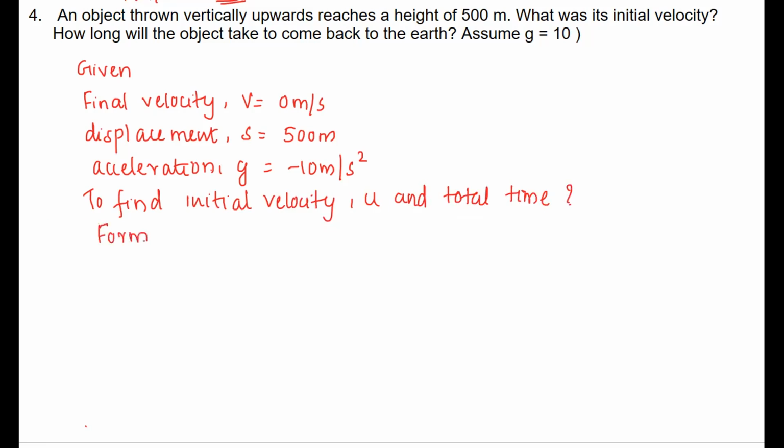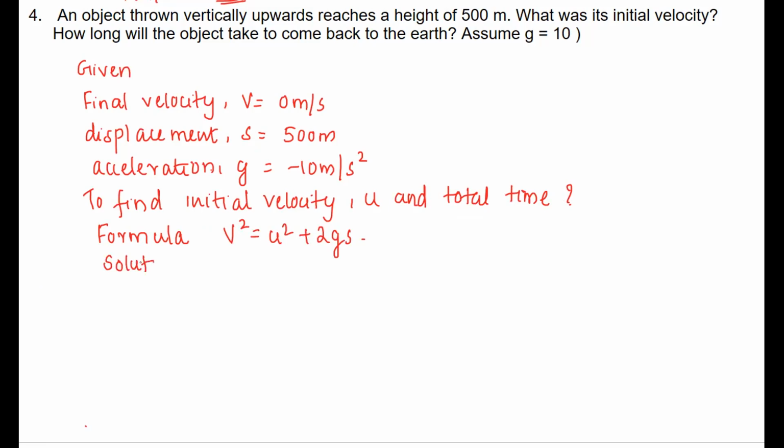Formula: here we know the value of V, S and g. Time we don't know. So we can take Newton's third equation of motion, that is V square is equal to U square plus 2GS.